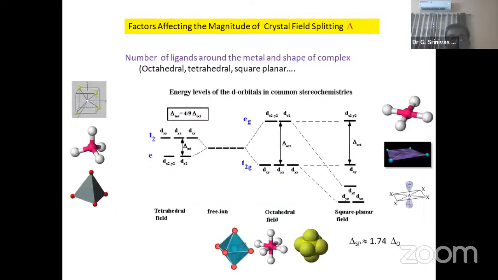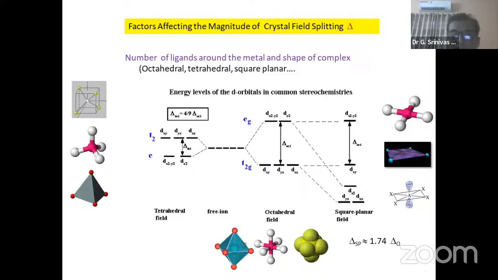Now coming to another factor affecting the magnitude of crystal field splitting: the number of ligands around the metal and the shape of the complex. Generally we come across geometries like octahedral, tetrahedral, and square planar. We will take the octahedral as the model one.